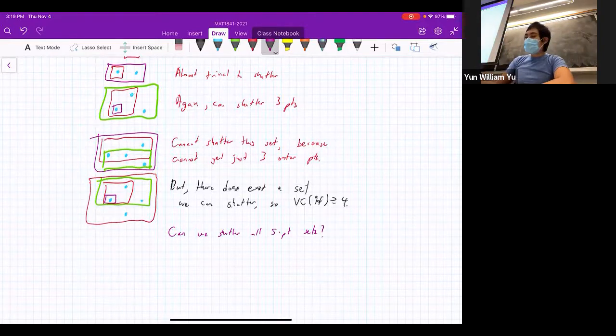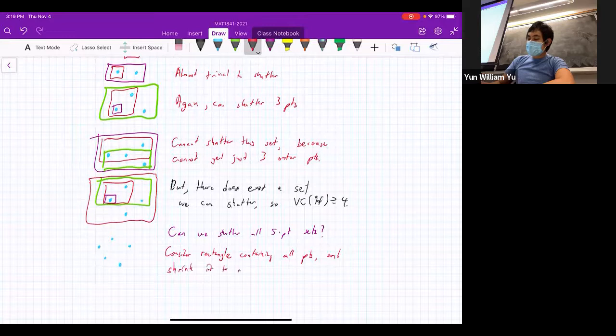And it turns out that for 5 points, you end up with this problem where for any set of 5 points, you can consider a rectangle containing all points, and we're going to shrink it to get sets of size 4.